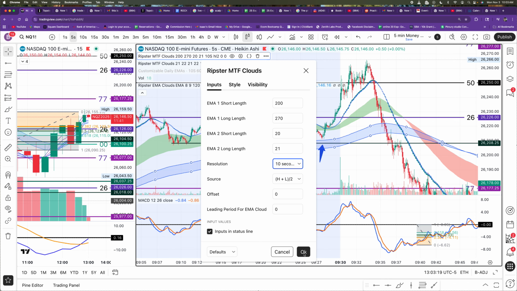So what I've done is I'm using 10-second resolution, and my EMAs that I'm working with are the 200 and the 270 based on a 10-second.